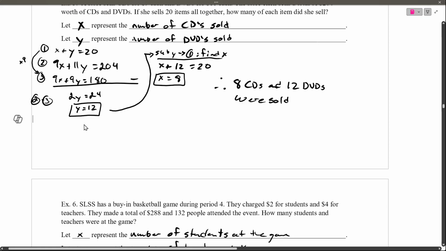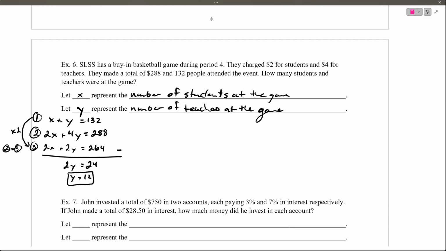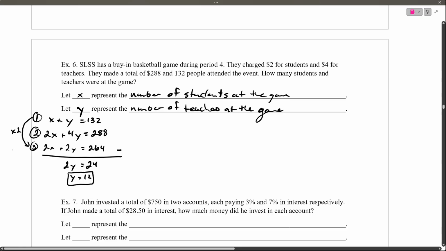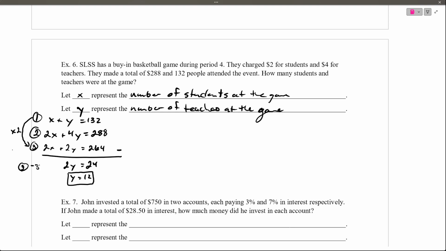Okay, let's go back down. Oh, I put that in the wrong spot. It's okay to fix. Down here we have 2 minus 3. Alrighty, so we have our value for y.